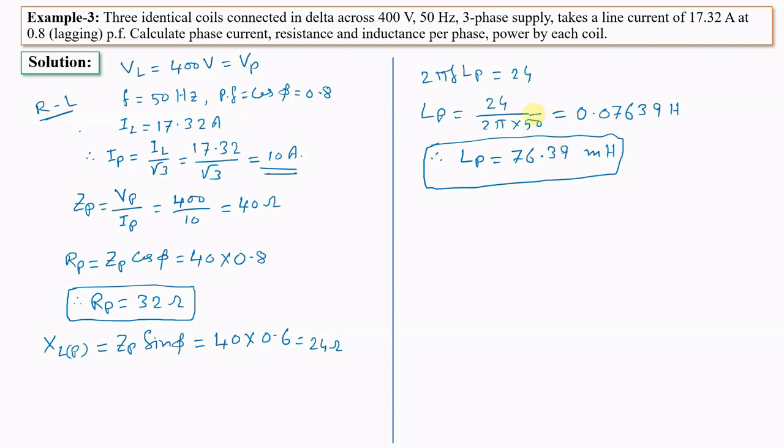The last part here is the power by each coil. Remember, here we need not find the total three-phase power, we have to find the power in each coil. And power in individual coil is nothing but the power of individual phase. So it can be written as V phase into I phase into cos phi.